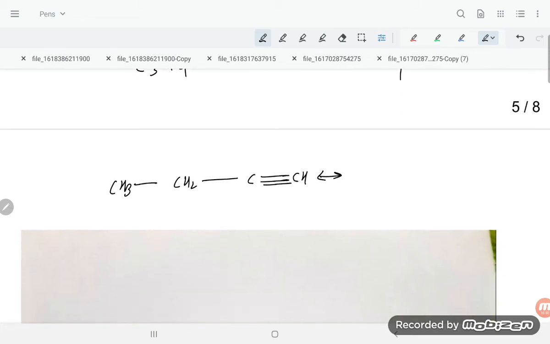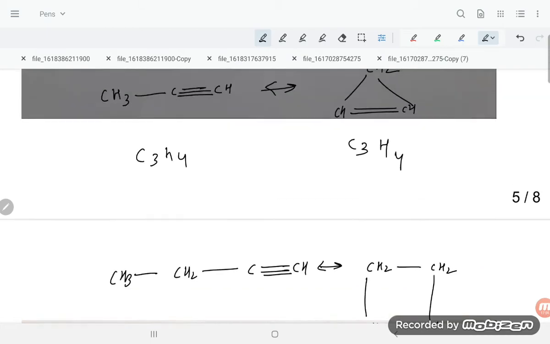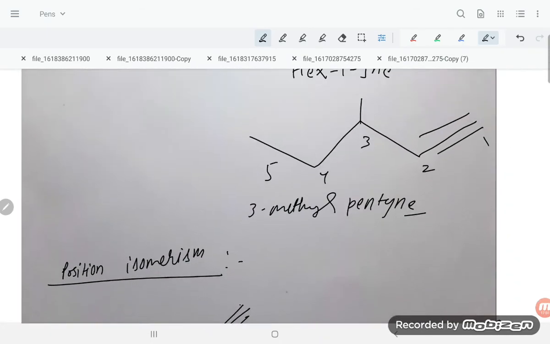So the compound it is going to give is CH2, CH2, CH, CH with a double bond. Now to check the formula, C4H6. Here is C4, and H is 2, 2, 4, 2, 6. So this is how we can understand ring chain isomerism.